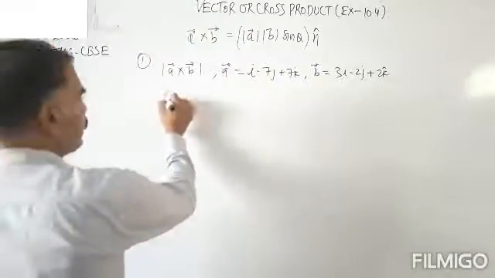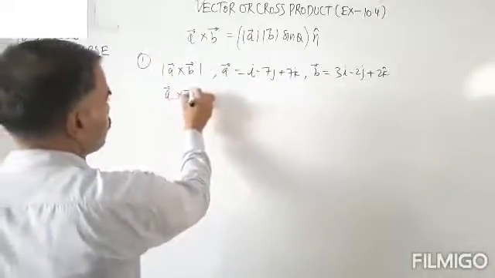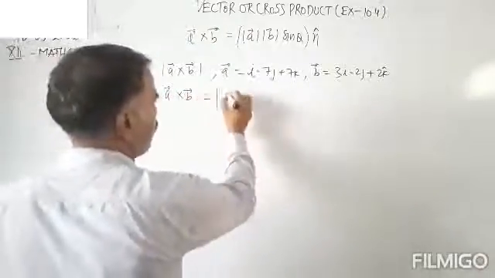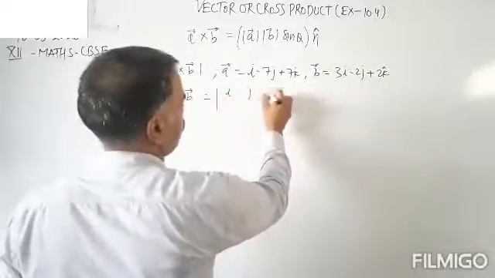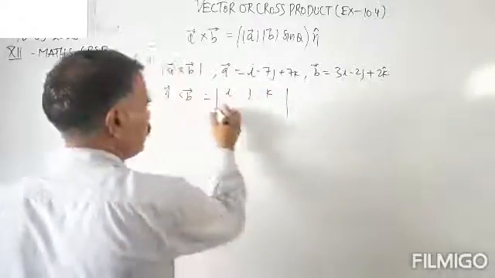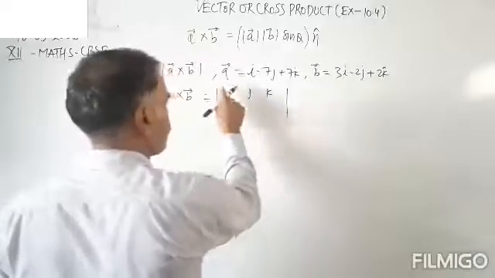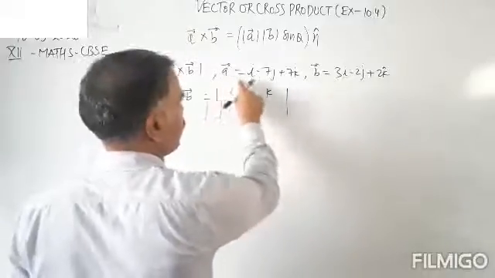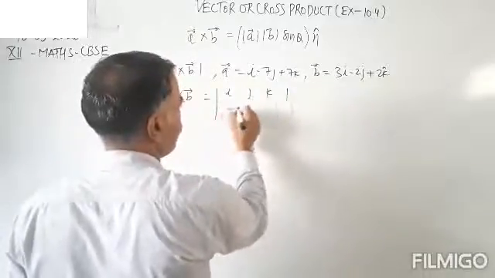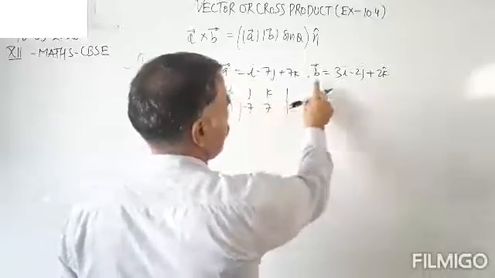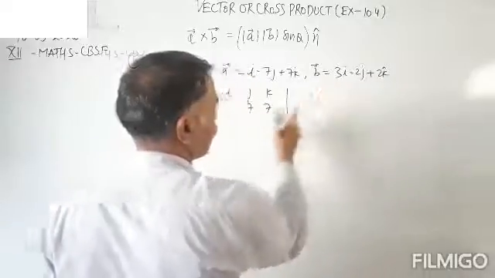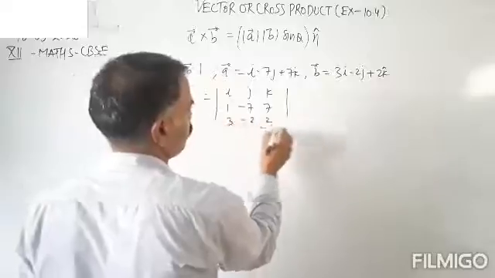So a vector cross b vector is defined as the determinant with i cap, j cap, k cap, then the components of a vector 1, minus 7, 7, and then the components of b vector, that is 3, minus 2, 2.